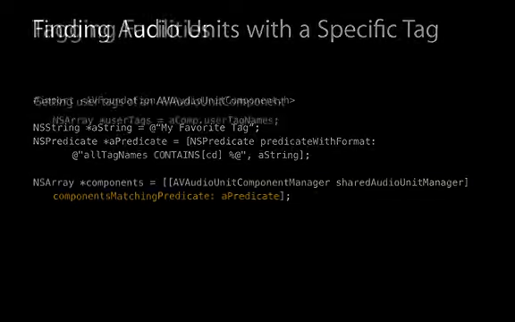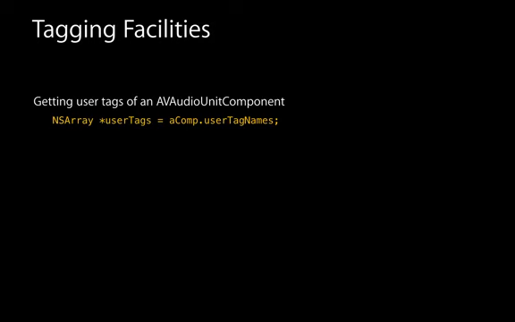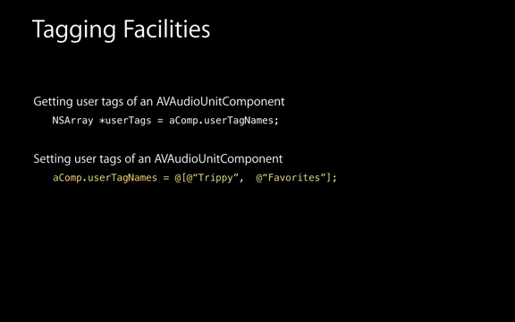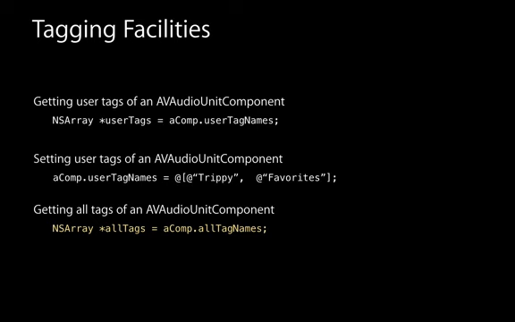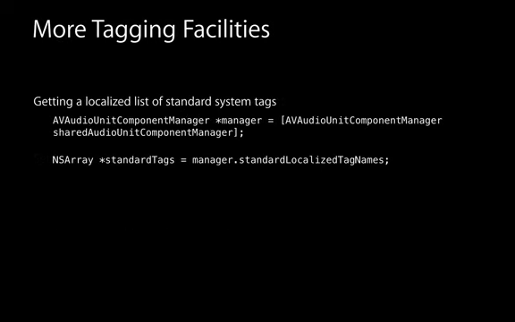To get a list of the tags associated with this particular AV audio component, you use the user tag names property. You can assign to that as well. And in this example, I'm adding 2 tags to the audio unit. We can get all tags for a specific component, and these will include the user tags as well as the system tags, using the all tag names property.